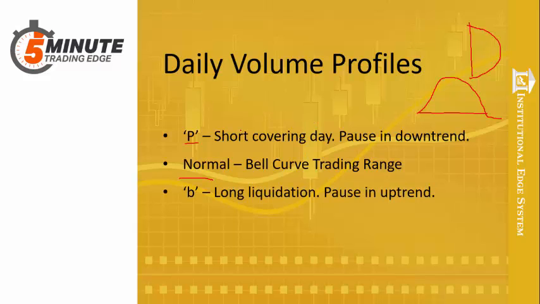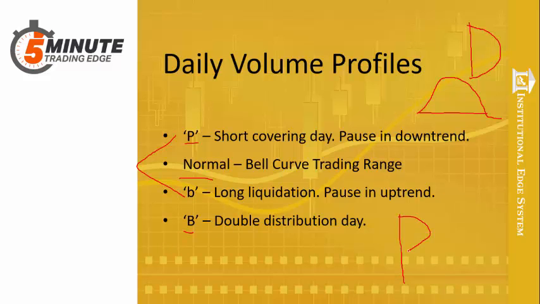Then you have the counterpart to the capital P. So these two are counterparts. This is long liquidation. These are buyers getting out. So we look for these. And then finally, we've got a B, a double distribution day. And so this is a capital B, and the volume profile for it looks exactly like a capital B, or pretty close.